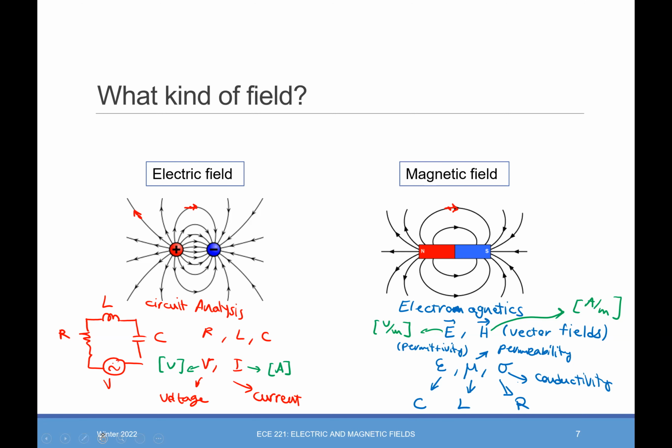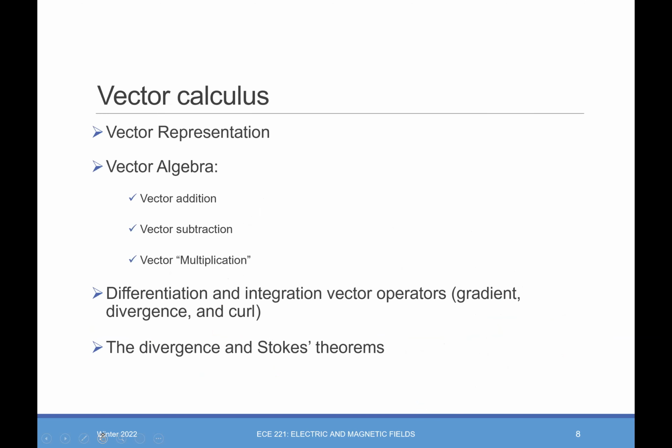And what encompasses vector representation and vector algebra or differentiation and integration is basically called vector calculus. So we learn how we represent a vector and then how we add them, subtract them, multiply them. And then something that is new to this course, and you might not know it from before, is gradient of fields, divergence, curl, and then some theorems that helps us basically solve different physical problems.